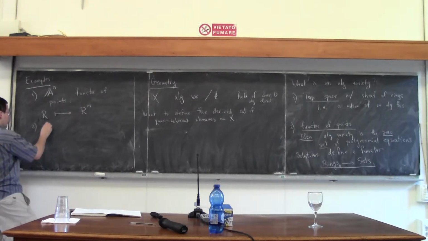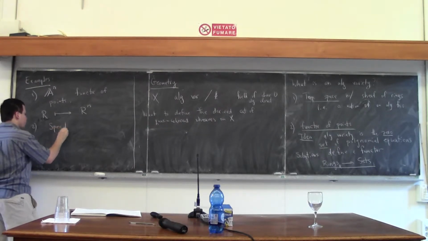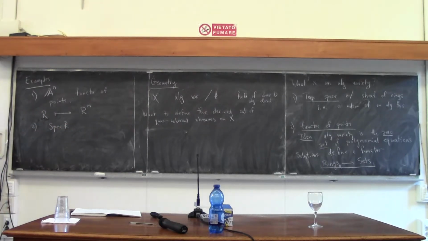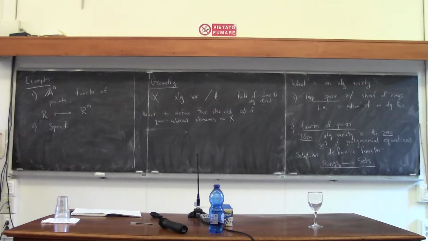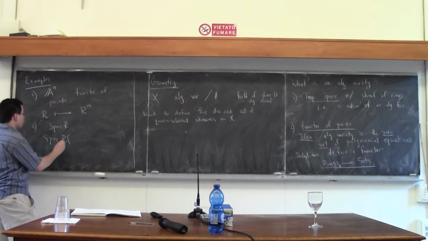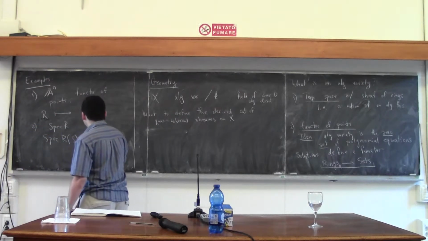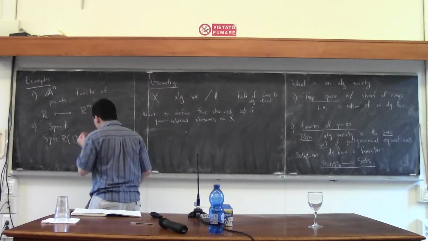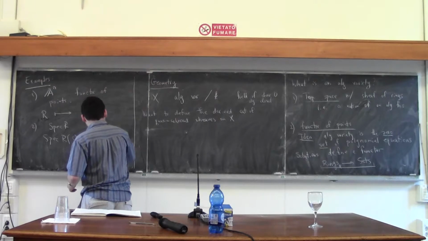Another example is something called Spec R, which is a little difficult to build as a topological space with a sheaf of rings. I was looking at primes and whatnot, but in terms of the functor of points, it has a very simple description: for S, this is the same as maps from R to S.